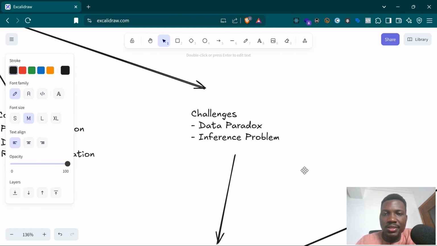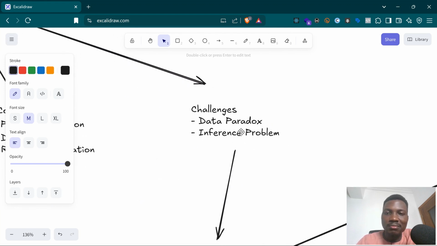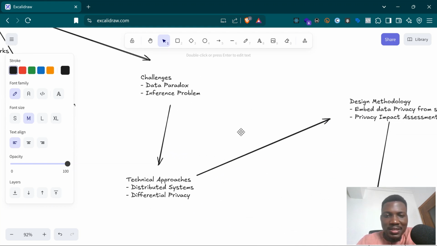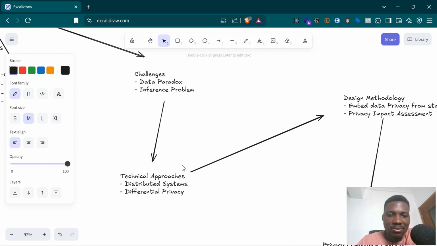We also have challenges. So challenges oftentimes, of course, are the data paradox. You need data to train your model. At the same time, you need to keep the privacy of other people. So looking at the technical approach, very important. You need to ensure that your system is distributed. It's not just in one place.